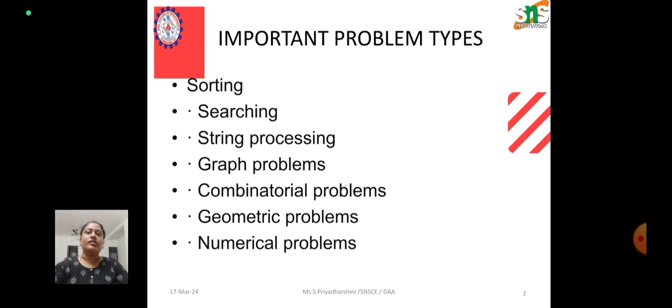The next problem type is geometric problems. Geometric algorithms deal with geometric objects such as points, lines, and polygons. The ancient Greeks were very much interested in developing procedures for solving a variety of geometric problems, from simple geometric shapes to triangles, circles, and so on.